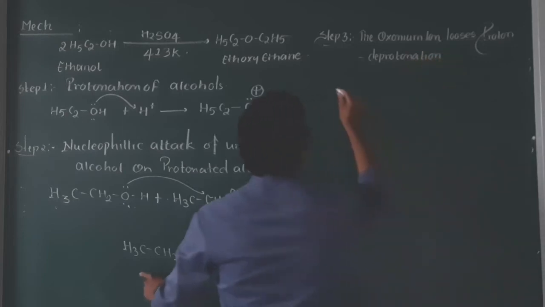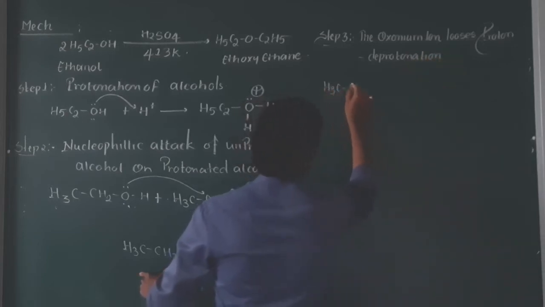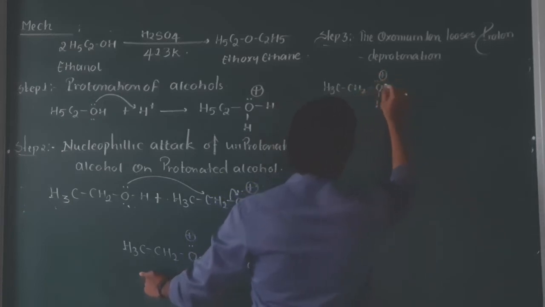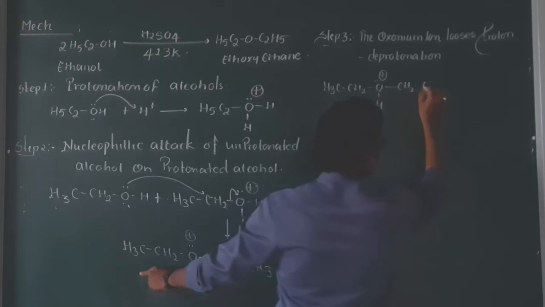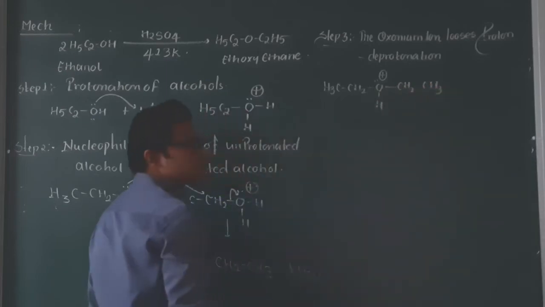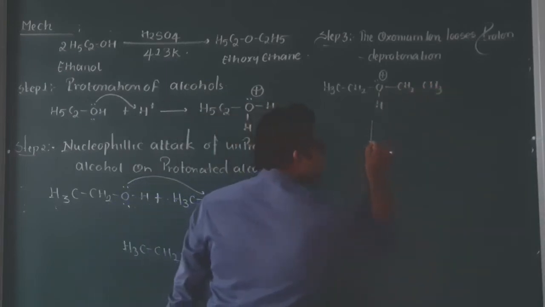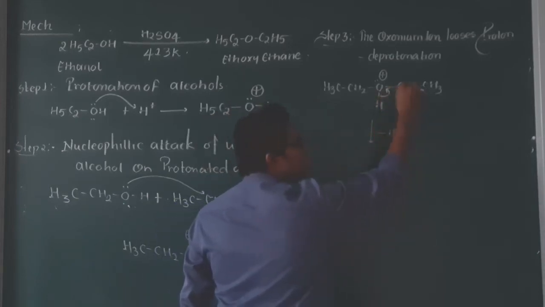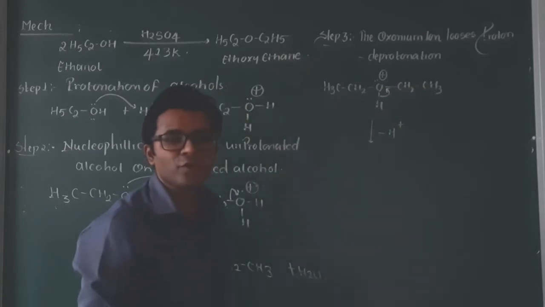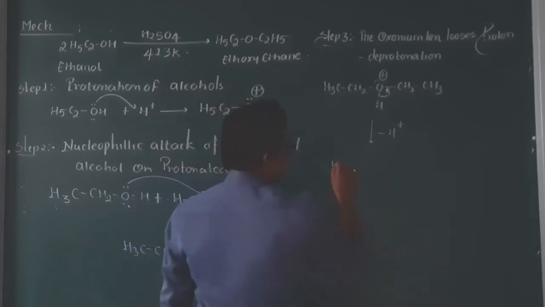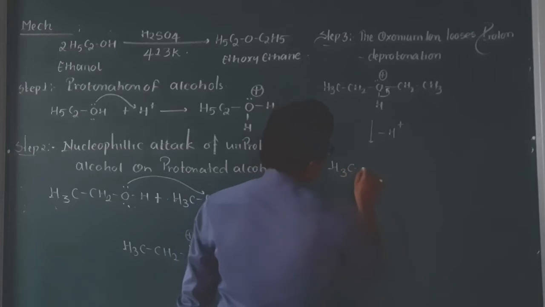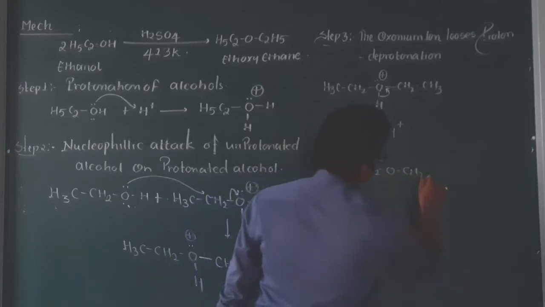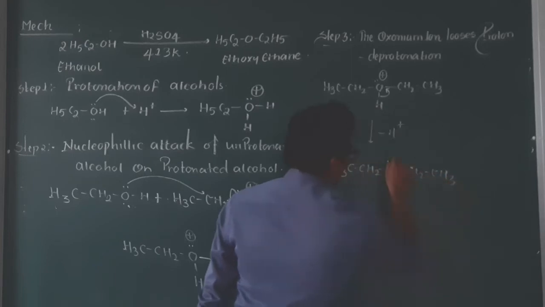So when we have deprotonation, that is CH3CH2 oxygen with the hydrogen over here, positive charge, CH2 and CH3, right? Now this is going to lose that particular proton. When it loses the proton, it gives the electrons to the oxygen, thus giving rise to CH3CH2CH2CH3 with oxygen in between.